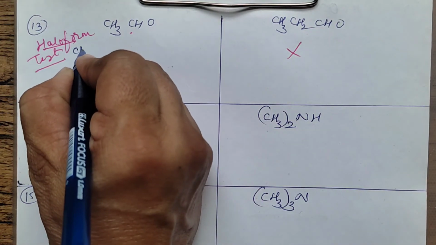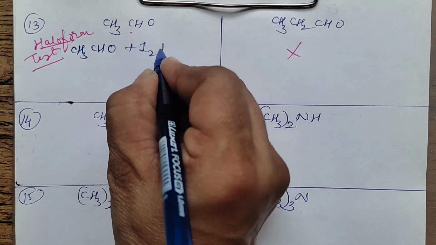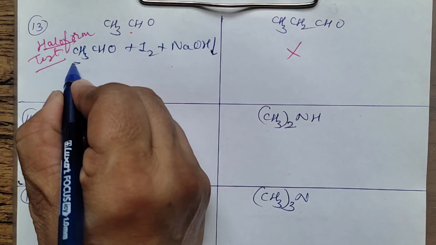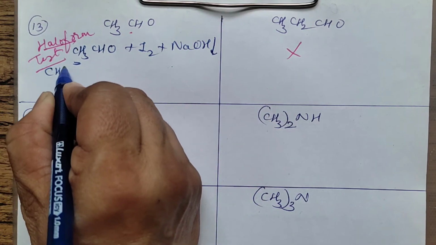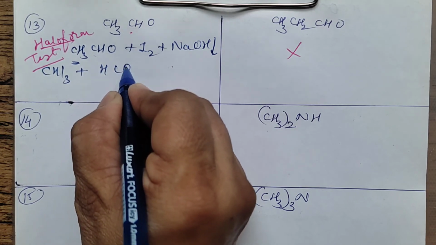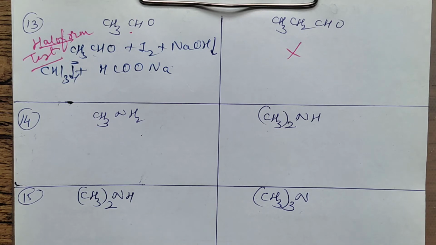So you will write CH3CHO plus I2 plus NaOH. With one carbon you will get CHI3, plus the remaining part as HCOONa. You will write down here, arrow downwards, yellow color precipitate is obtained.